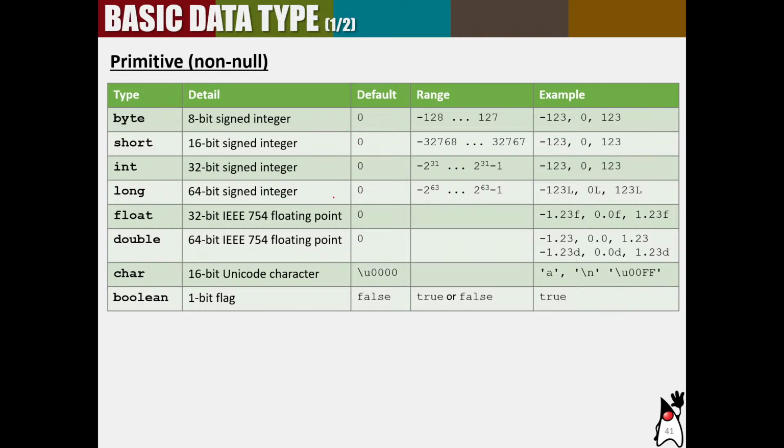As you can see here, these are the integer primitive data types with their ranges. Byte represents 8 bits, so it can only refer to values from negative 128 to 127.